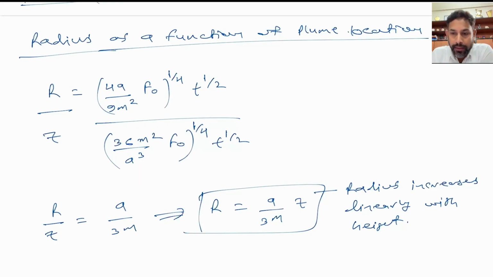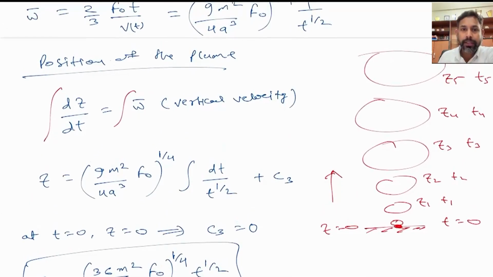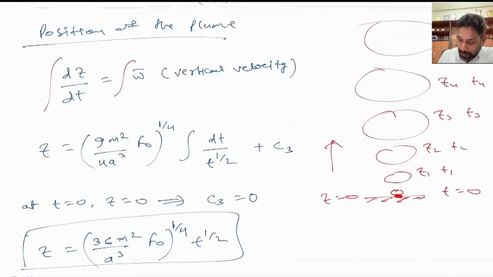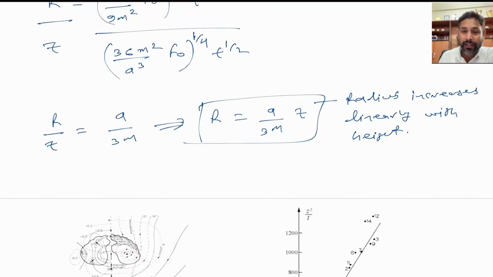Now we have to find the value of a and m, which are experimental constants. As you can see, for most of these equations we have f naught and we have parameters a and m. So a and m are experimental constants which we need to find out through experiment, and f naught is the given constant for a plume, so we don't have to worry about that.